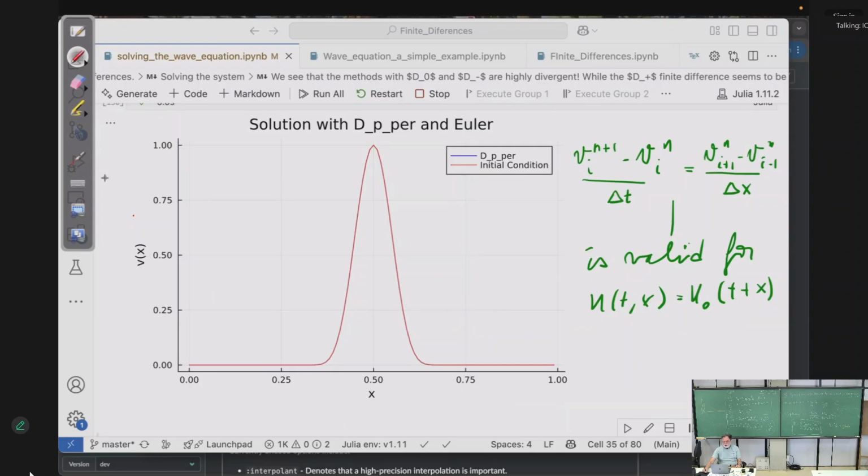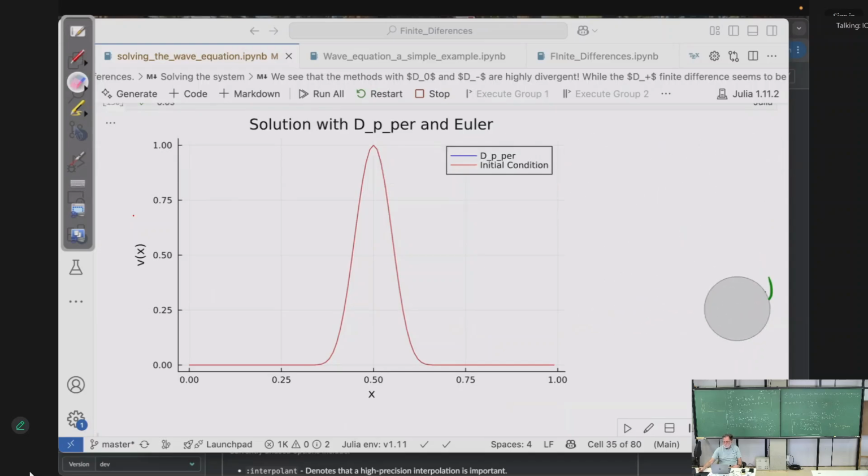Some people use them, but then if you have a system, you have to put the system in a diagonal form and check what are the velocities and put the D plus for the positive velocities and D minus for the negative velocities and so on. And this is very, very messy. So that's why I prefer to use the centered ones. And in general, the centered ones are much more precise.